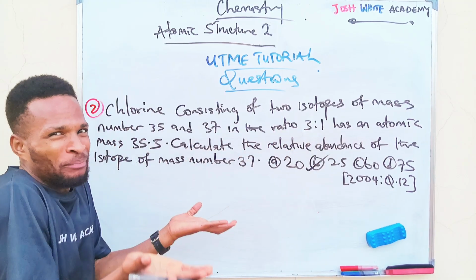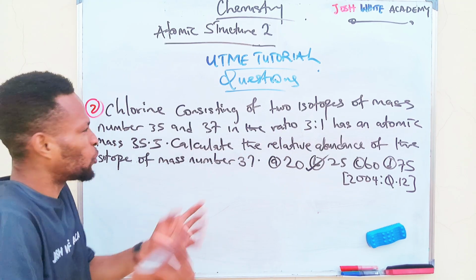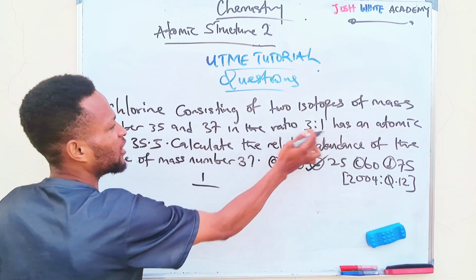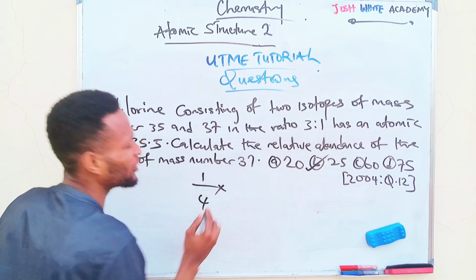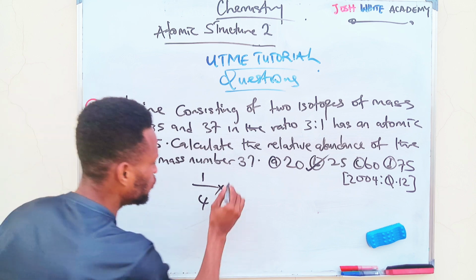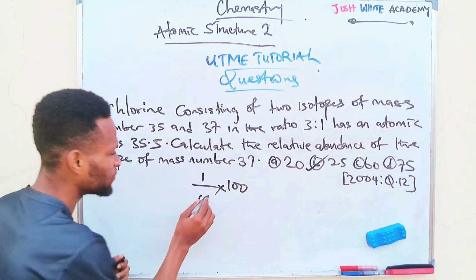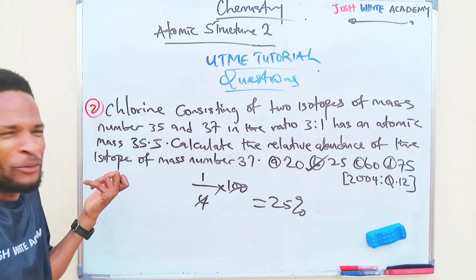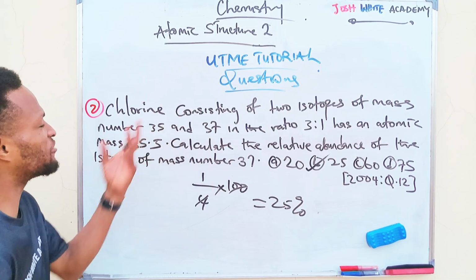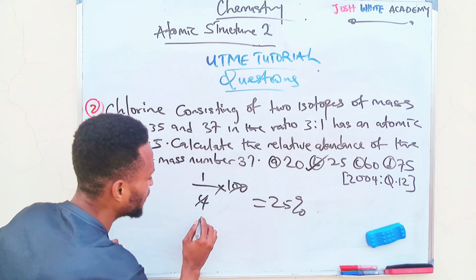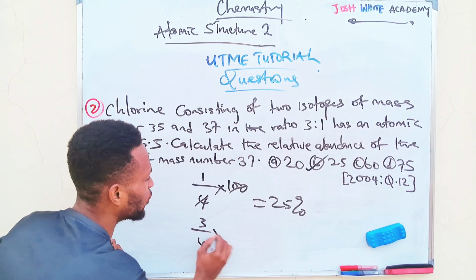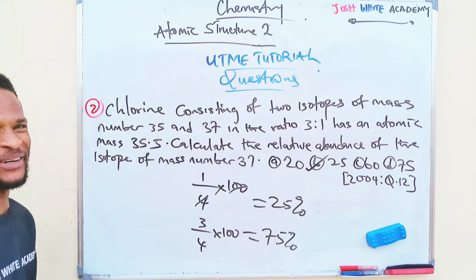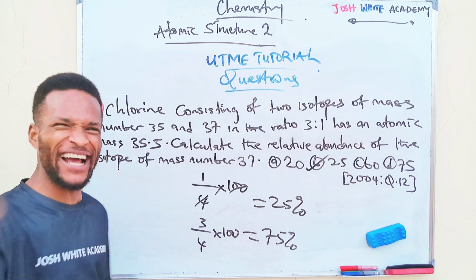To find 37, you will say 1 all over the total, 3 plus 1, which is 4, multiplied by 100. This will give you what? 25%. You see, it's simple. And if you have to find the one for 35, you will just pick the first one, 3 all over the total, 4 times 100. It will give you what? 75. As simple as that. So let's move to the next question.